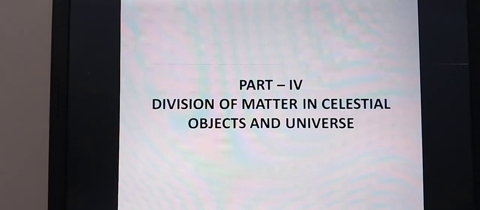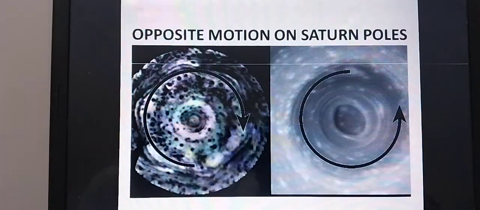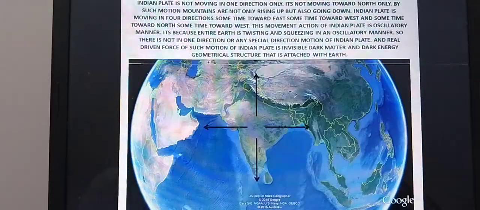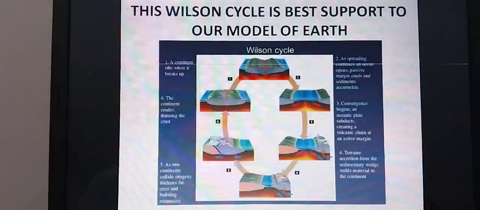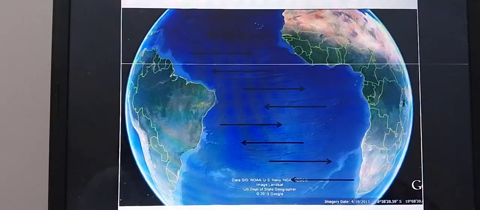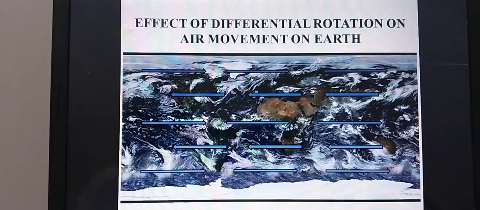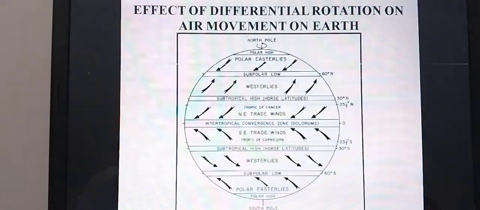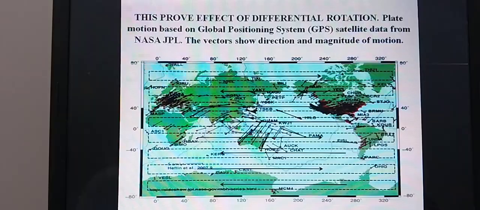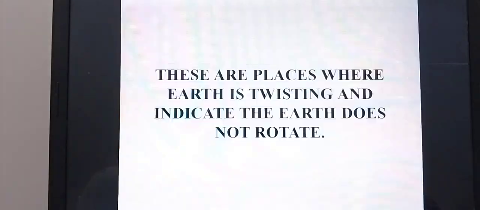So there was no supercontinent on Earth. Repeating all these, you can understand very clearly in part three, we do not agree with any supercontinent, and we are presenting the real cause of such a special geology of the Earth.